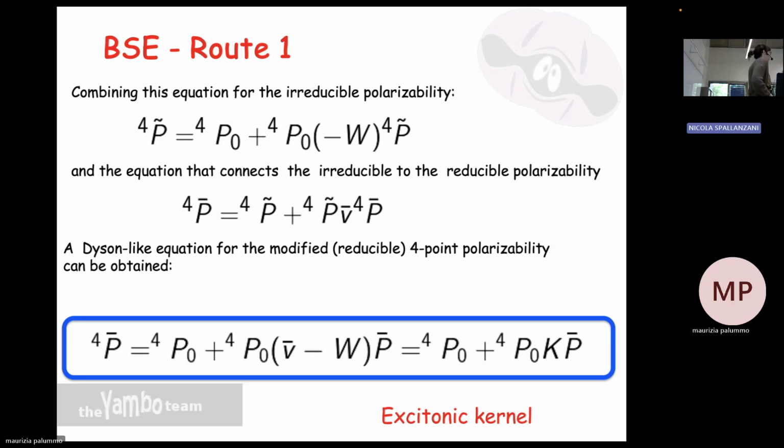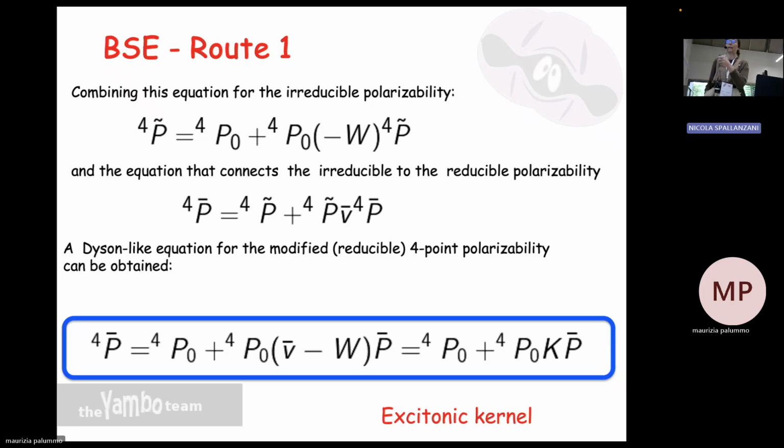But remember, P bar is the quantity that I defined at the beginning, the quantity that gives me directly the macroscopic dielectric function. And so now we have the equation that is actually the Bethe-Salpeter equation for the polarizability. Once we have this, we can have directly the macroscopic dielectric function. So now we have to understand how to solve this explicitly.